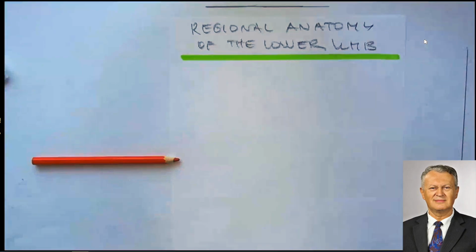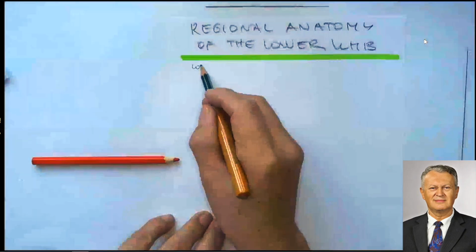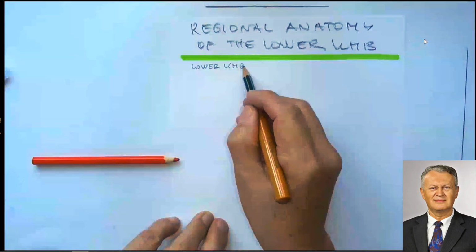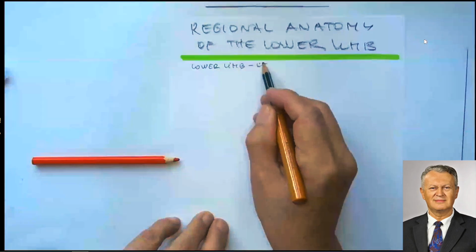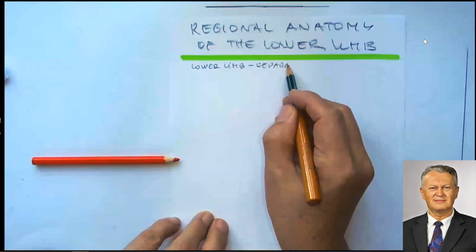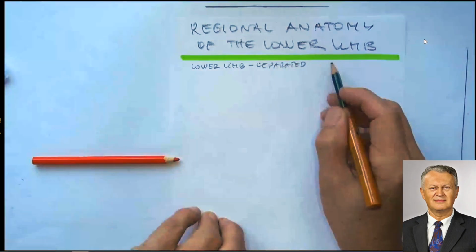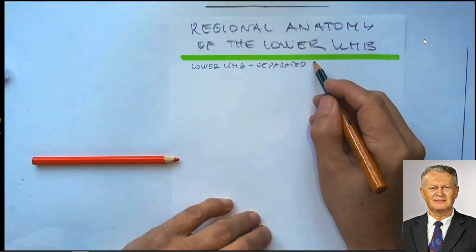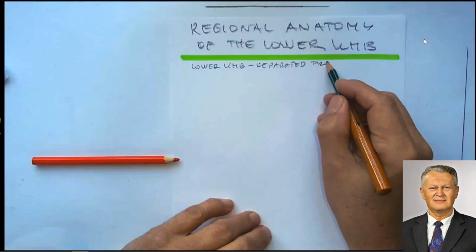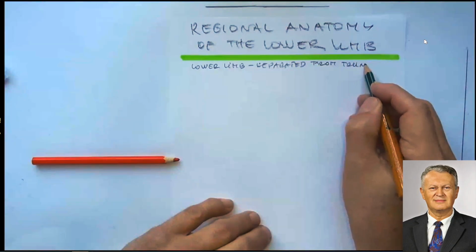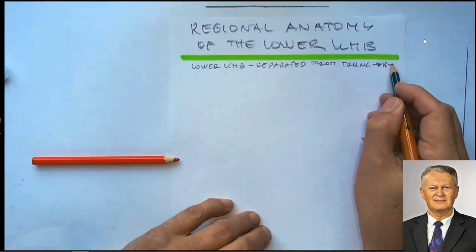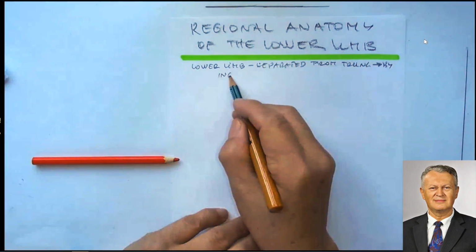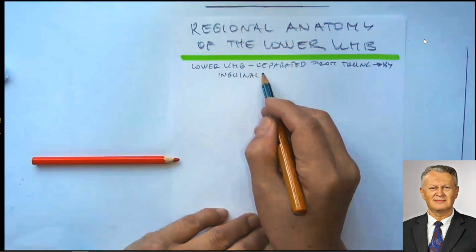Just basic information: the lower limb is separated from the trunk, of course, from the belly, from the abdomen, by a line, which is easy, we call it the inguinal groove.